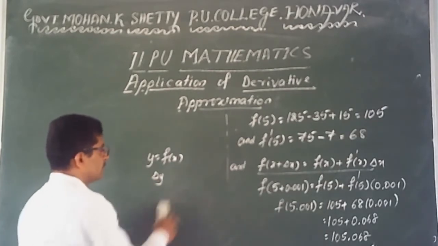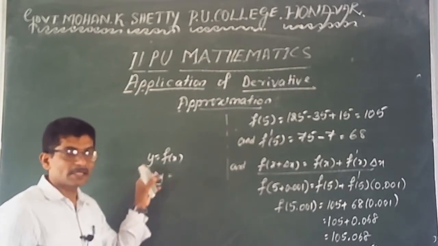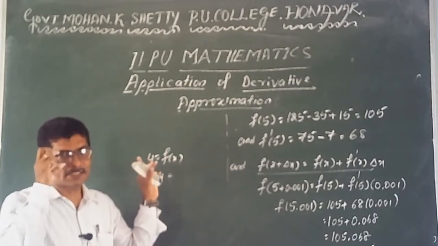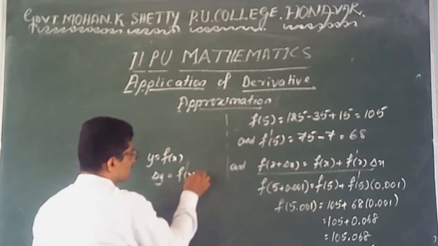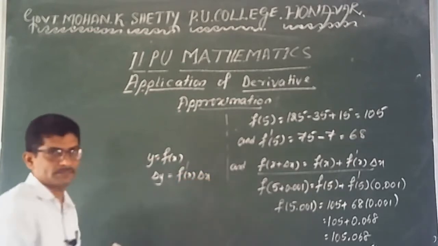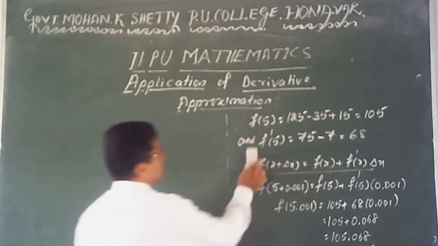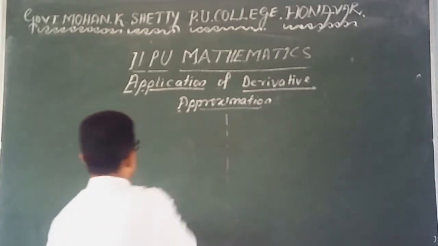Here you know the formula: the change in y depends on the rate of change of y with respect to x and the change in x. It means this value is f dash x into delta x. It's clear?